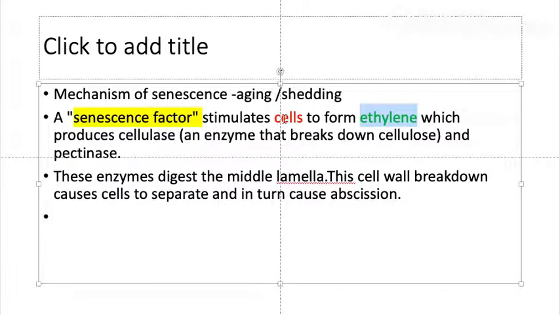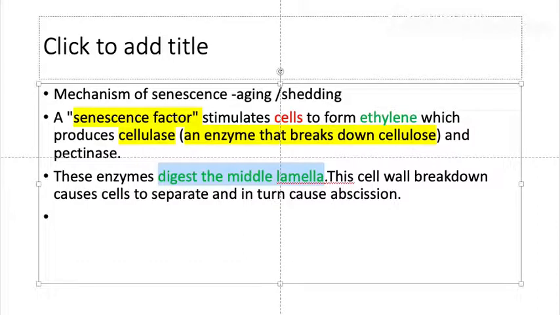So there is a factor present in the cells which promotes the cells to form ethylene, and this ethylene will produce an enzyme called cellulase. From the word cellulase you understand that this enzyme will break down the cellulose, and as it breaks down, it digests the middle lamella.